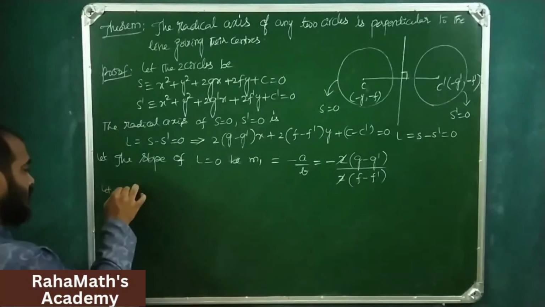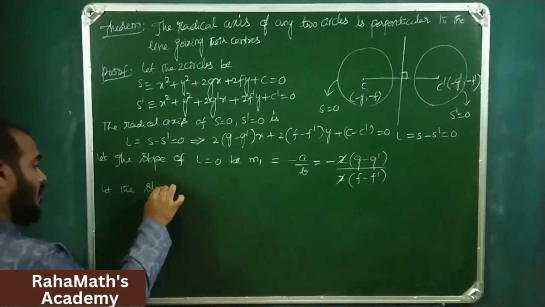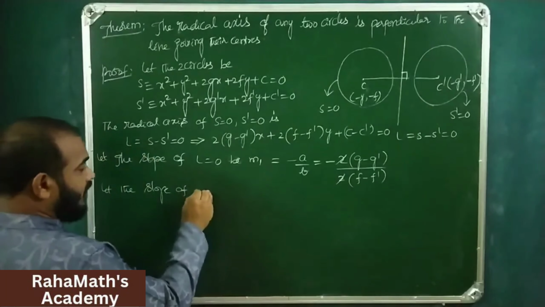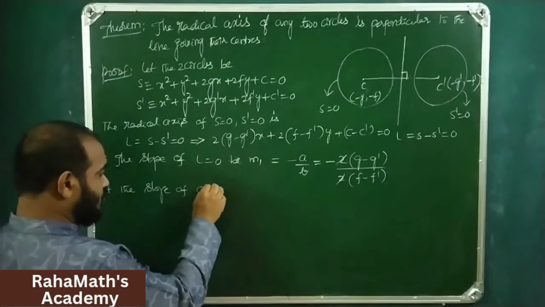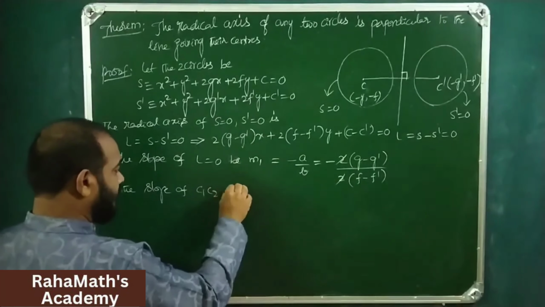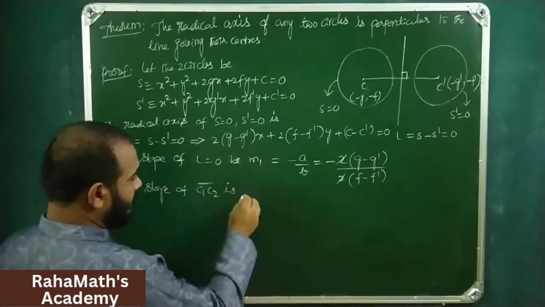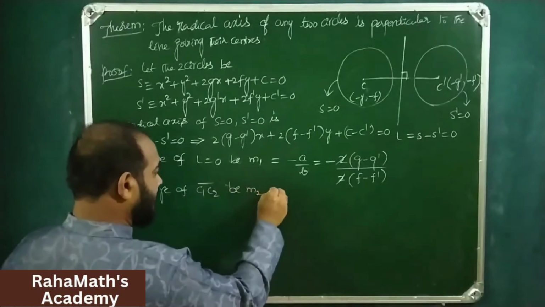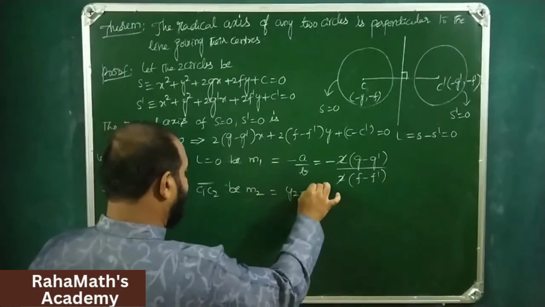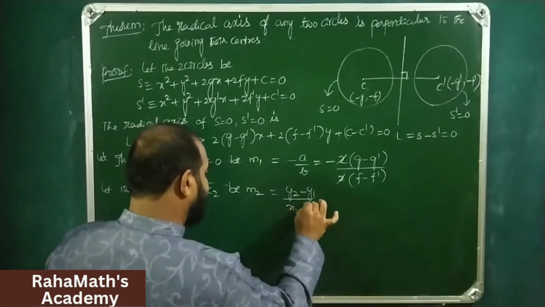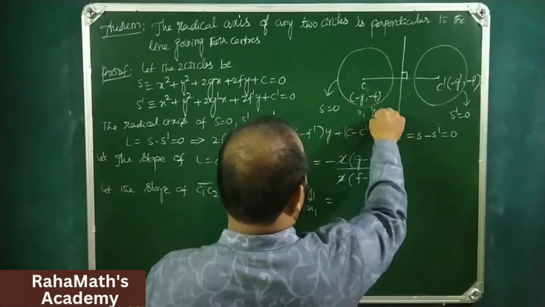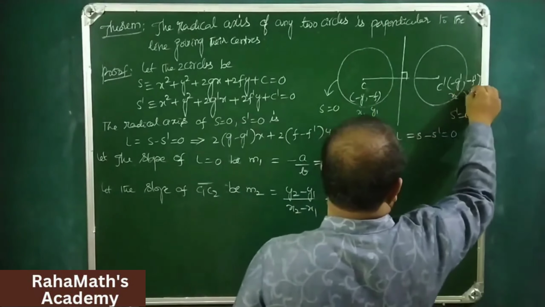Let the slope of the line joining the centers C1, C2 be m2. This is equals to y2 minus y1 by x2 minus x1. So this is x1 y1 and this is x2 y2.